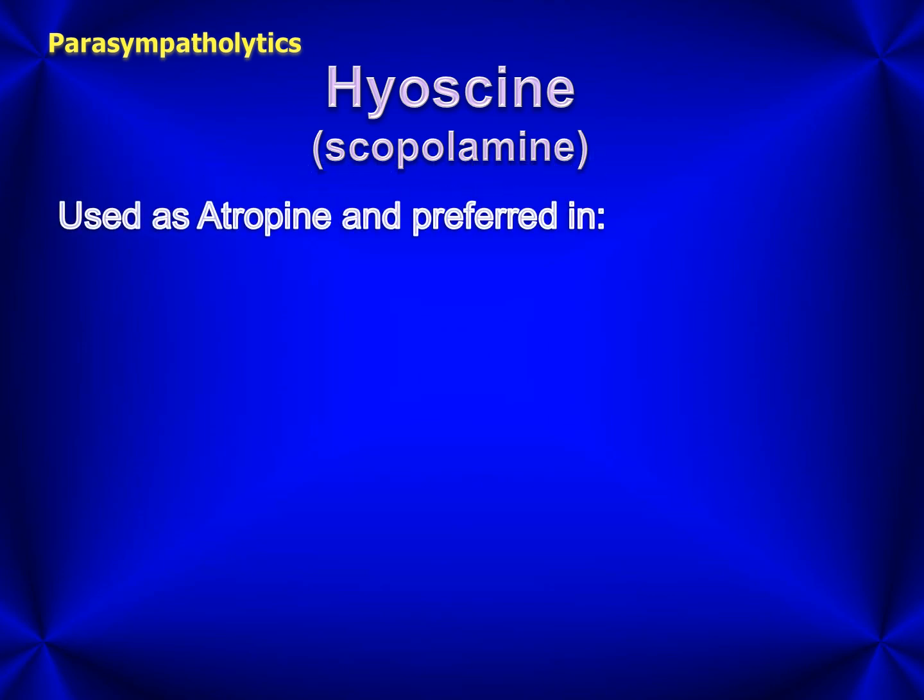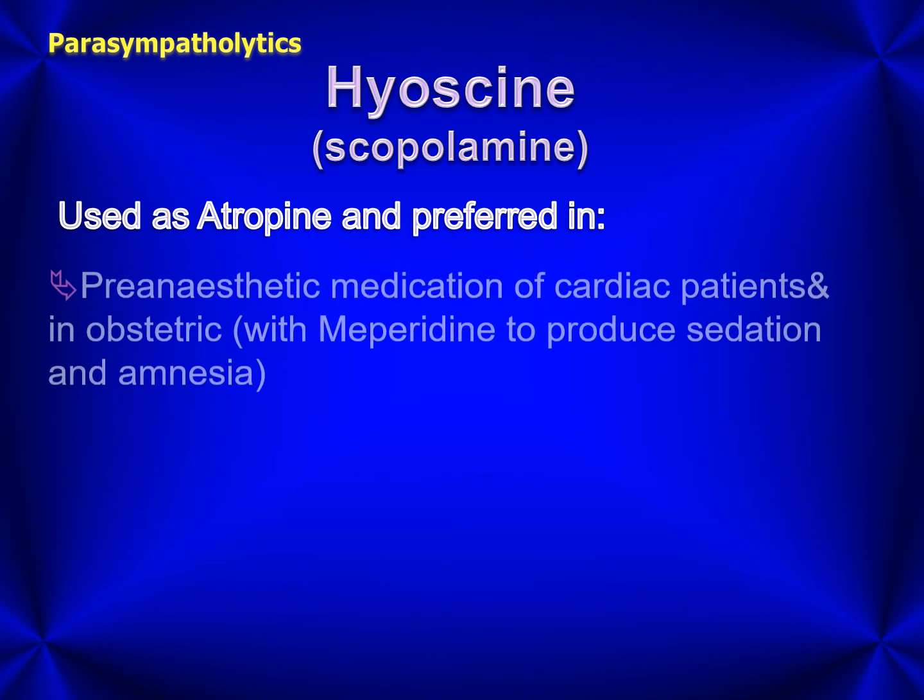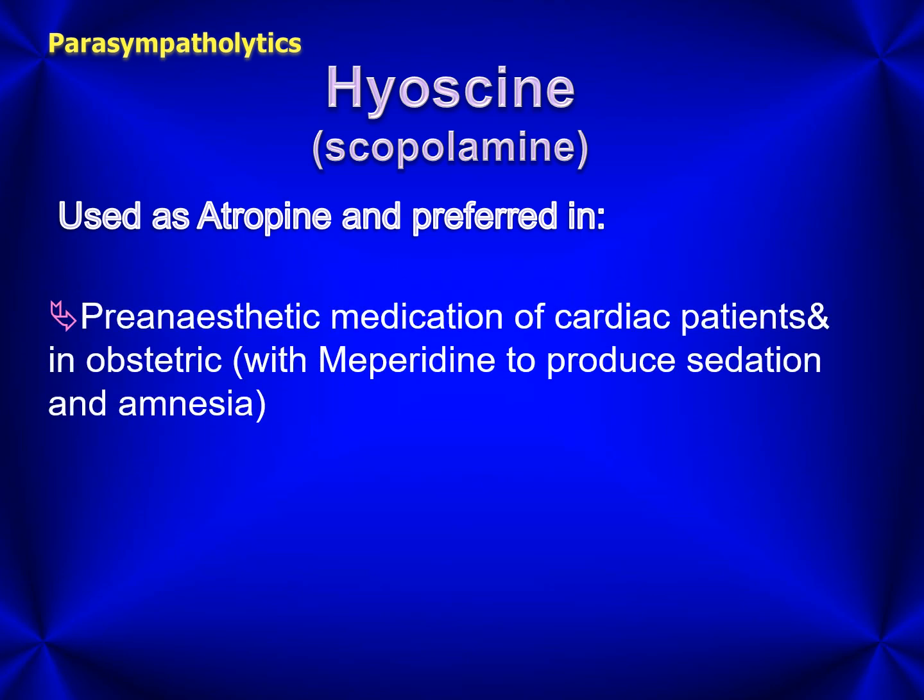It is used as atropine, but preferred in pre-anesthesia, especially in cardiac or thyrotoxic patients, because it has little effect on the heart. It could be used also during labor, combined with meperidine to produce sedation and amnesia. It should be used with an analgesic drug, because if it is used alone in the presence of pain, it will produce excitation and delirium.